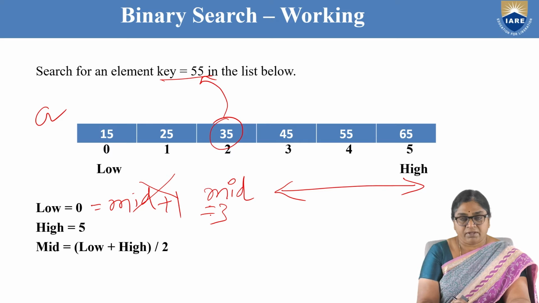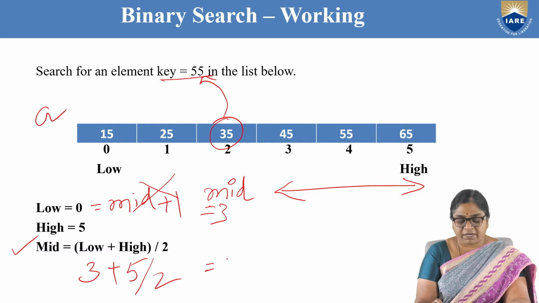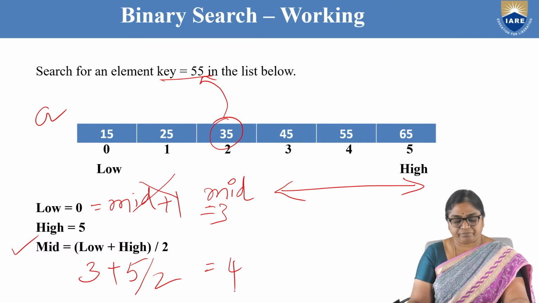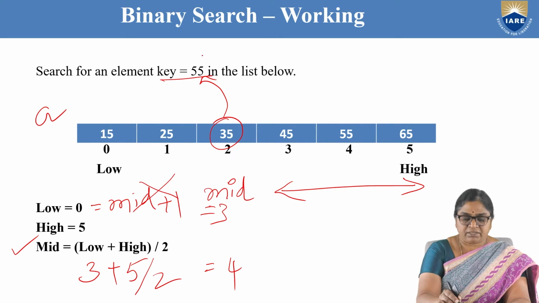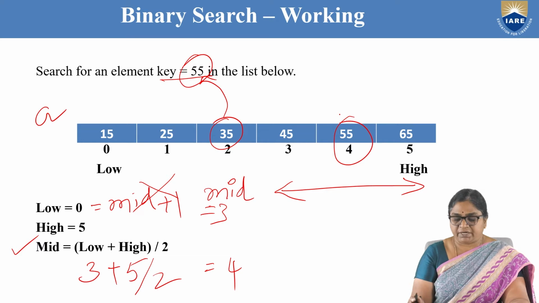So next time when we are going with the next iteration, when we are calculating the middle value, now the low value is 3 and high value is 5. Now 3 plus 5, which is 8, divided by 2, which is 4. Now we will compare our key element with A of 4, A of mid. Now the A of mid is this one.